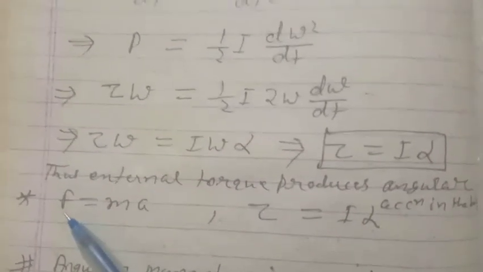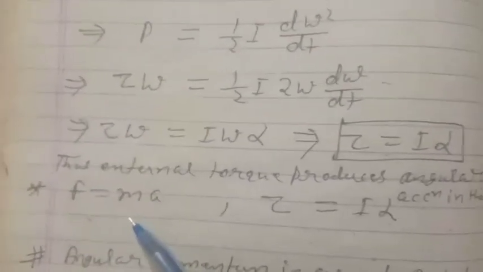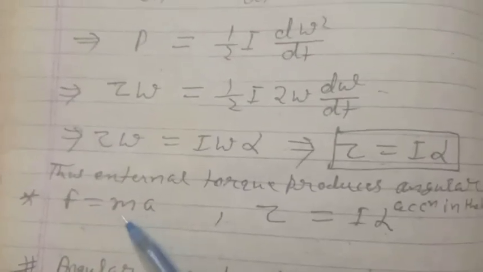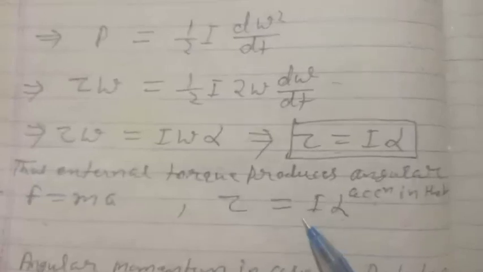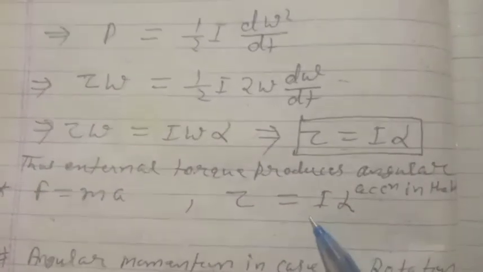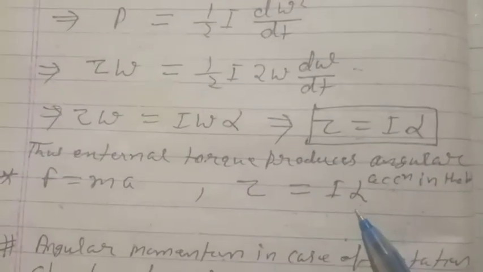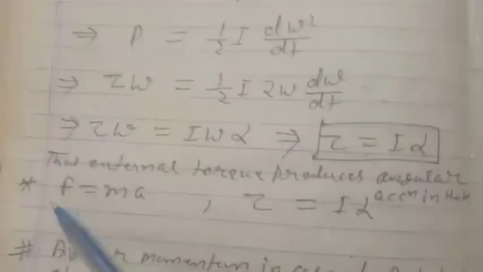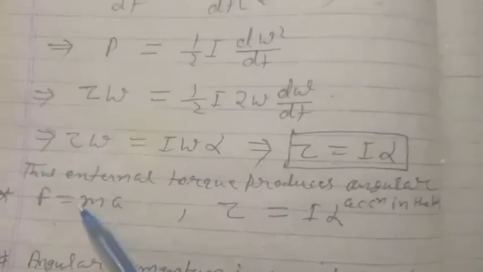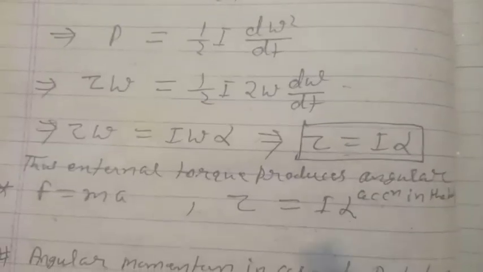That is, if we write F equals m a, where F represents force, m is mass, and a is linear acceleration, in the case of rotation, torque equals I times alpha, where I is the moment of inertia and alpha is the angular acceleration. That is, F is equivalent to tau, m is equivalent to I, and linear acceleration is equivalent to angular acceleration.